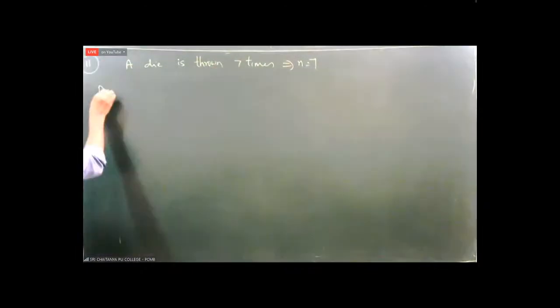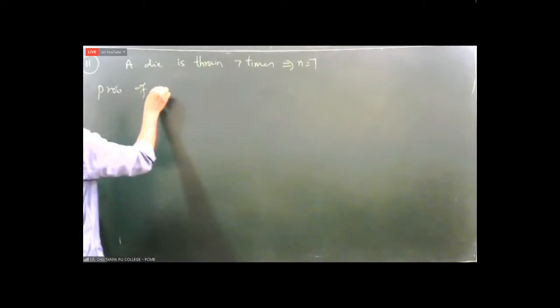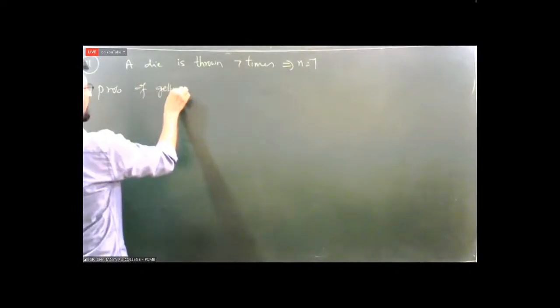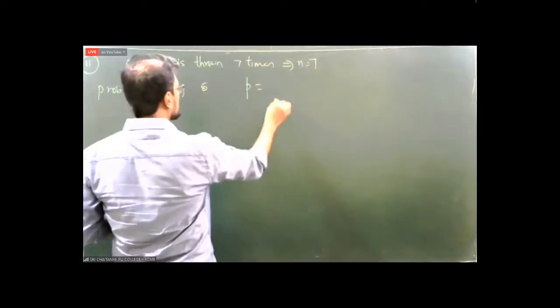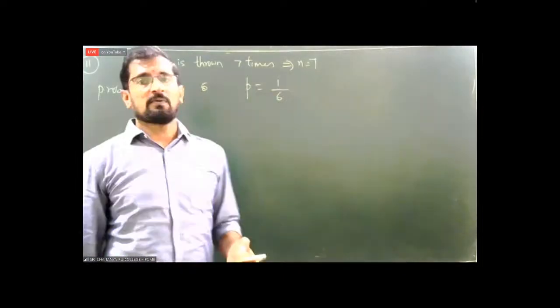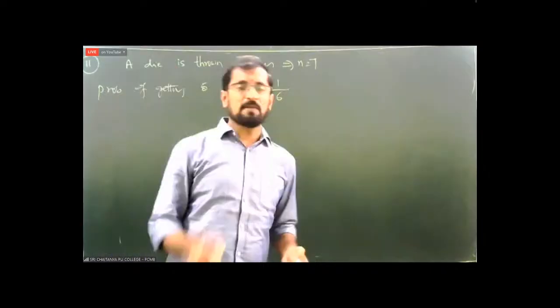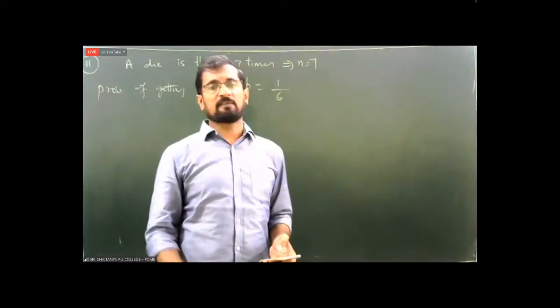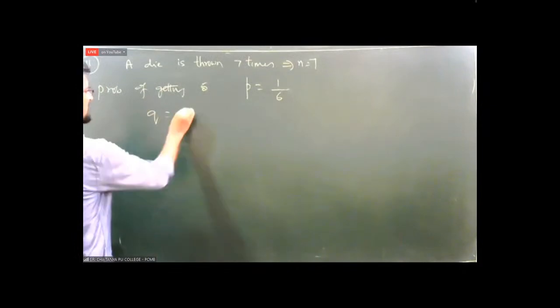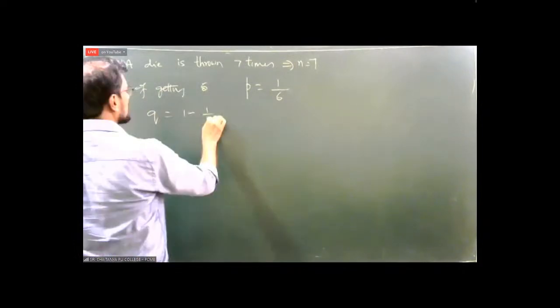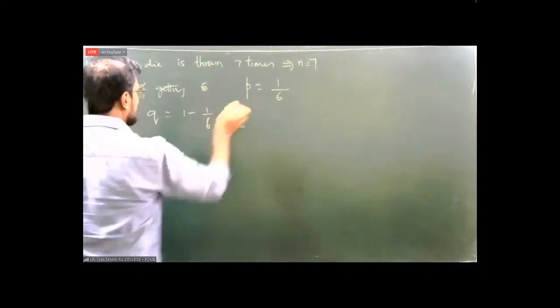Probability of getting 5, p is equal to 1 by 6. Why? Because the number 5 will be only one out of 6 outcomes. So p is 1 by 6, which implies q is equal to 1 minus 1 by 6 is equal to 5 by 6.